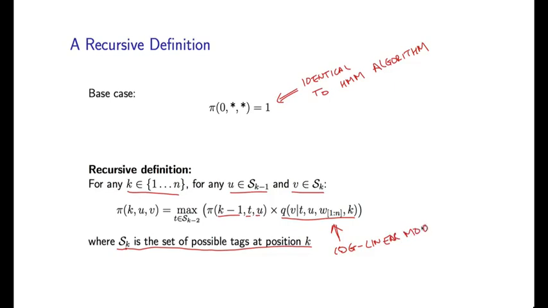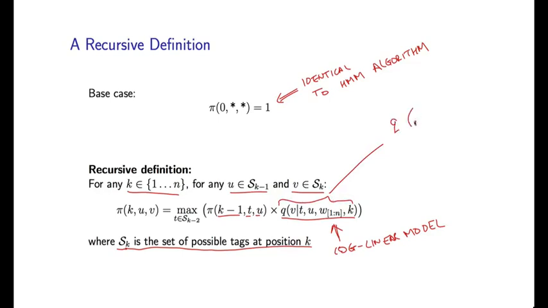Now I'm not going to go through the justification for this recursion in great detail, but it is extremely similar to the justification we saw for the recursion when applied to hidden Markov models. In hidden Markov models, instead of this term, we would have had something like the following.